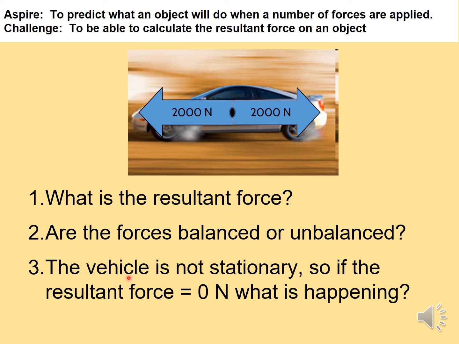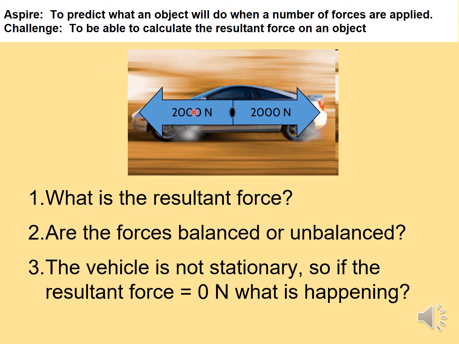But we've been told in this question that the vehicle is not stationary. So if the vehicle is not stationary, we need to be clear in our explanations about how the forces can be balanced and yet the vehicle is moving. So we have a resultant force of 0.